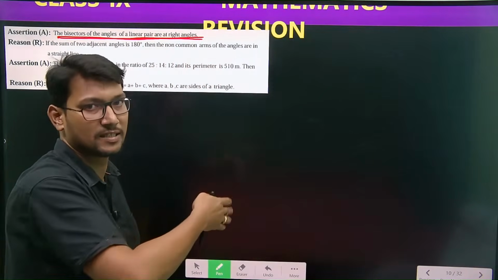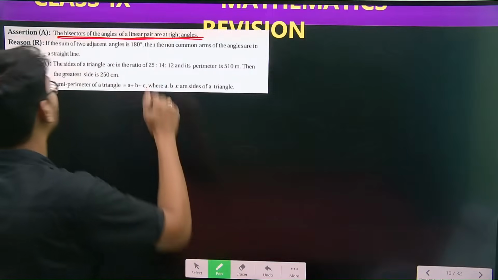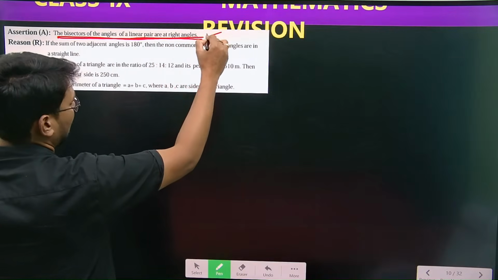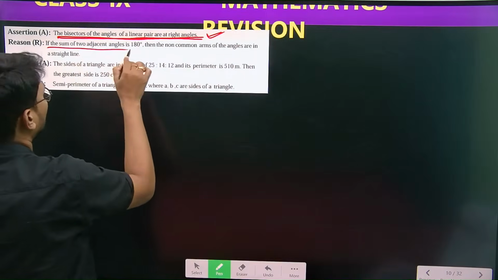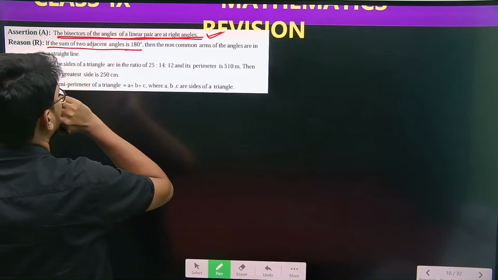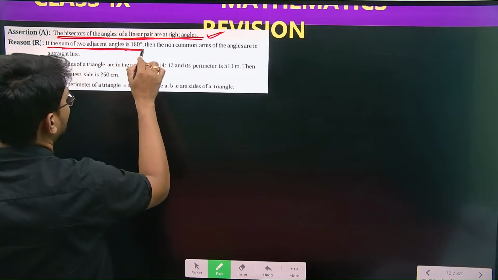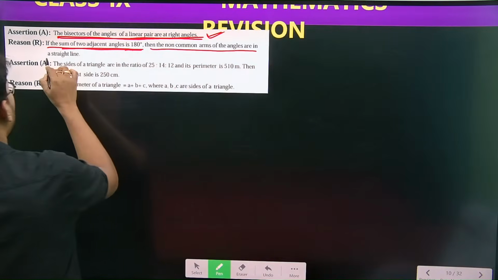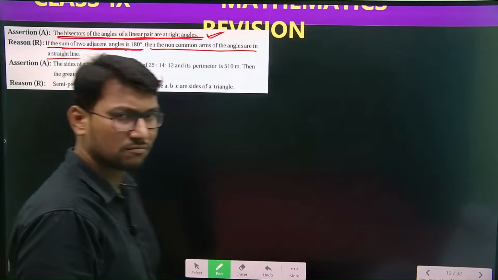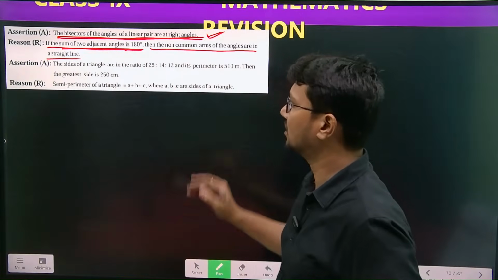We have already solved this recently, yes or no? The assertion is true, children. If the sum of two adjacent angles is 180, then the non-common arms are in a straight line. Very good question, check this one.